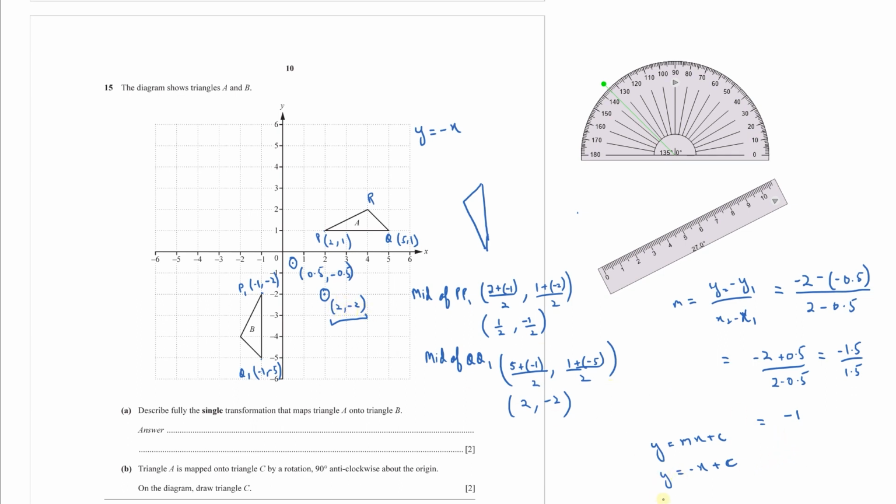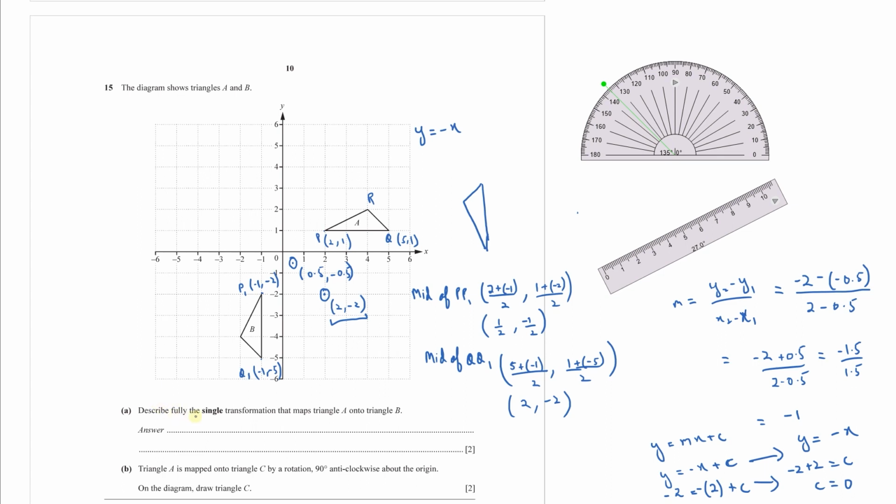So -2 equals minus 2 plus c. Taking it to the other side, minus 2 plus 2 equals c. So c equals 0. Your final equation of the line is y equals minus x.